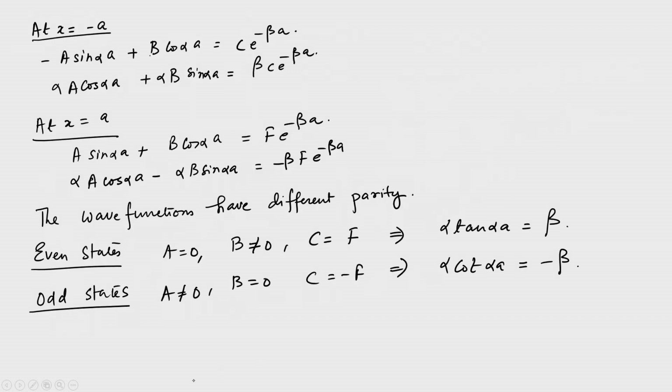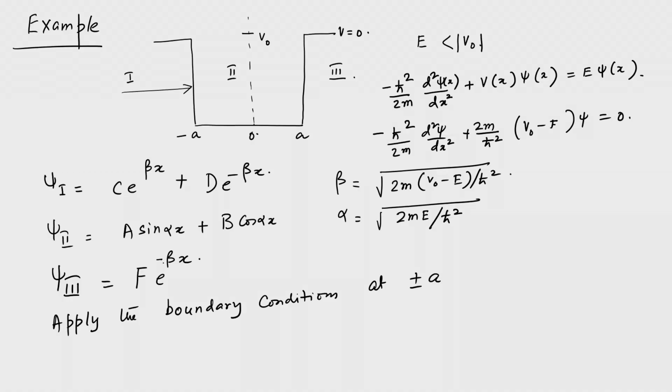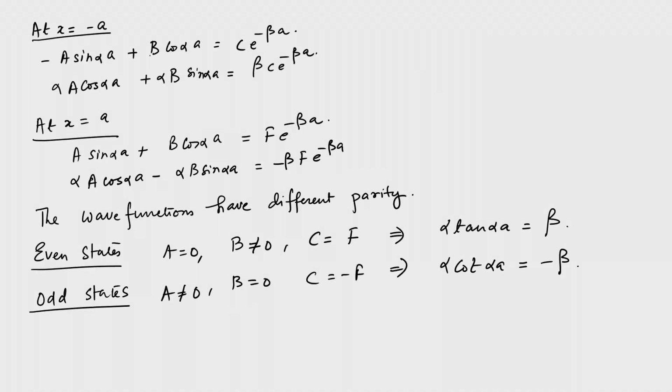So, that is why A equal to 0, but B being associated with the cosine term, and cosine being even, that is if you change x to minus x, cosine does not change sign, which means cos of minus theta equal to cos theta. In that condition, of course, applying the boundary conditions, your C becomes equal to F. And what we get from these two conditions is that alpha tan alpha A equal to beta, and similarly for the odd states, when you want the even terms to go to 0, C acquires a value equal to minus F, and similarly the bound states are given by these conditions.